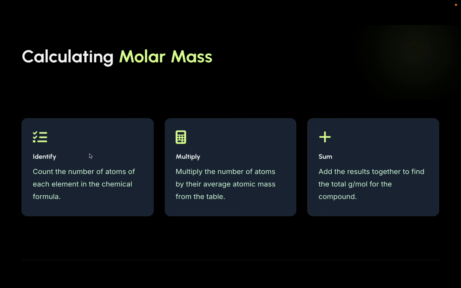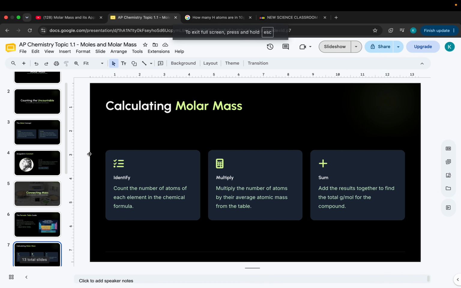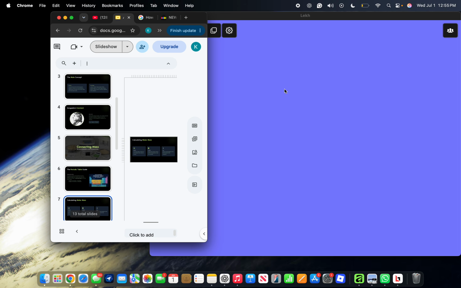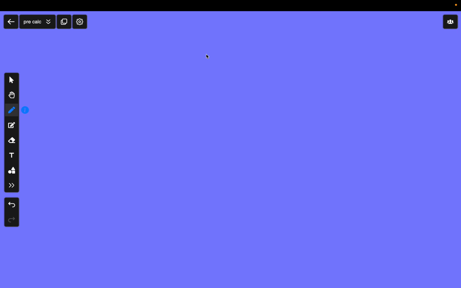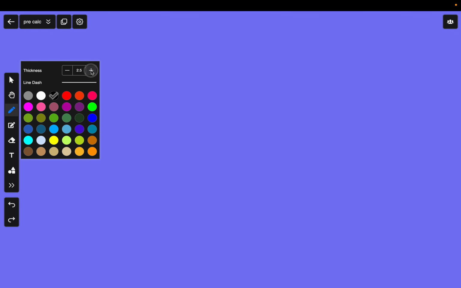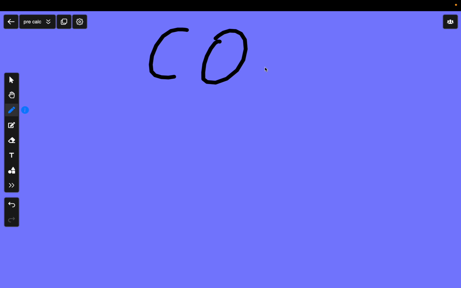So we're going to calculate molar mass, and I could show you all this, but I could also just do it. So I'm just going to do it. Let's figure out the molar mass of carbon dioxide. The molar mass of carbon dioxide would start with the mass of carbon, which is 12.01, and we have one of those, because if there's nothing there, that means there's technically one.